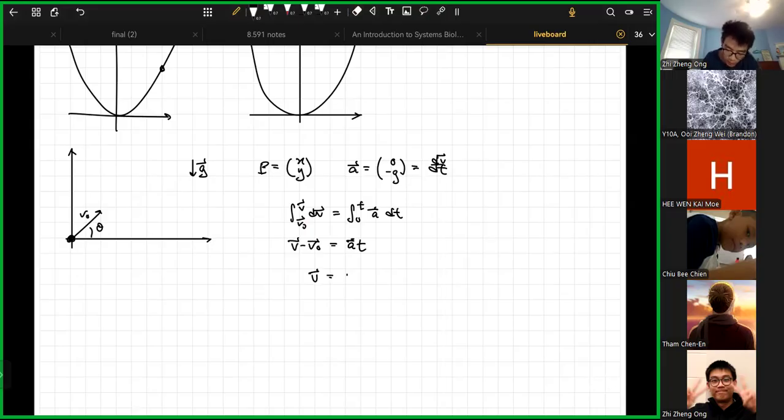So v is equal to v naught plus a t. I'm just using this definition, a is equal to dv dt. I integrate it, plug in the boundary conditions, and for now, what's v naught? V naught is v naught cosine theta, v naught sine theta. So as expected, the x component doesn't change. The y component changes by negative gt.